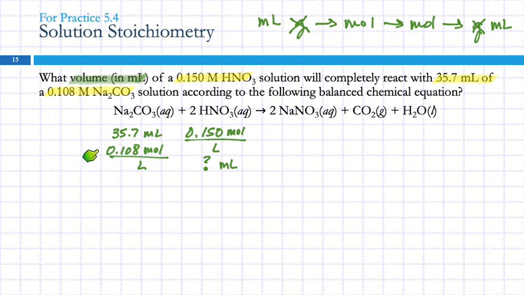The molarities are moles per liter. The volumes here are in milliliters. And they almost always will be in milliliters because milliliter is a convenient unit to measure an amount of stuff that you might actually do a reaction with, unless you're doing an industrial process. But molarity is always moles per liter. So we have this issue with the milliliters and the liters, and there's a couple of different ways to take care of that.